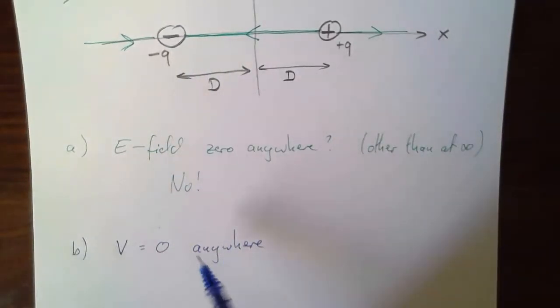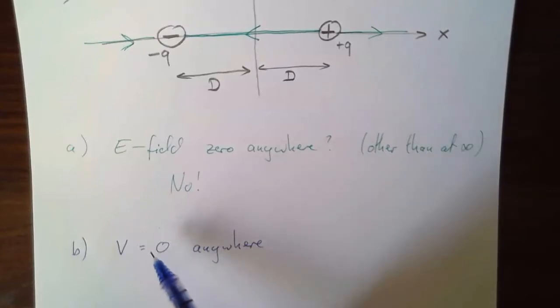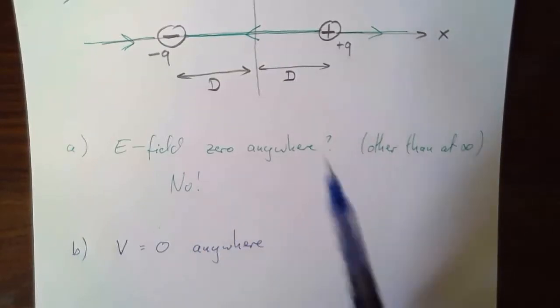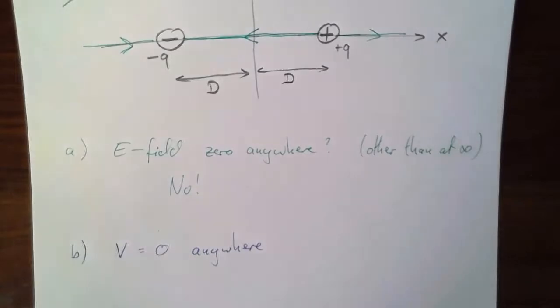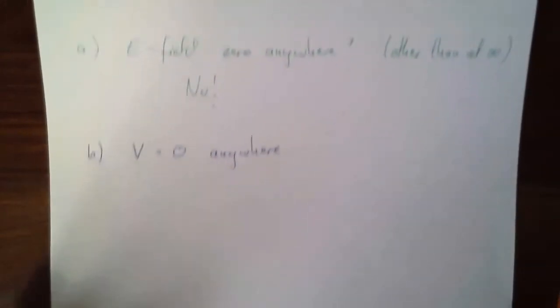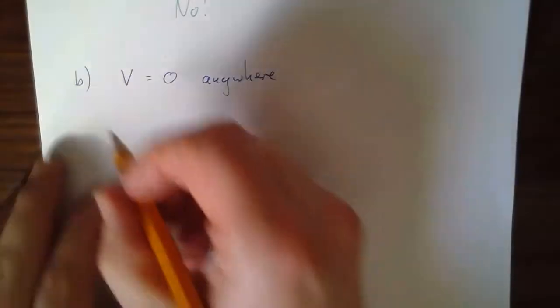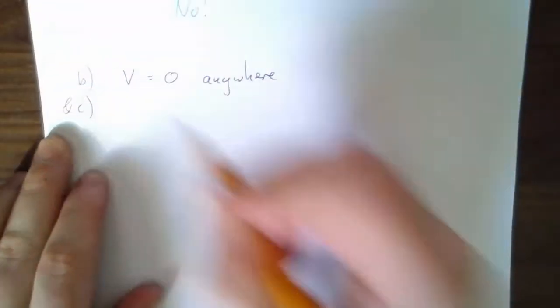Now, in this case, I actually think it's easier to answer B and C together. C asks us to plot a graph of the electric field strength and of the potential as a function of x, as we go along the x-axis. So let me do that. So B and C.